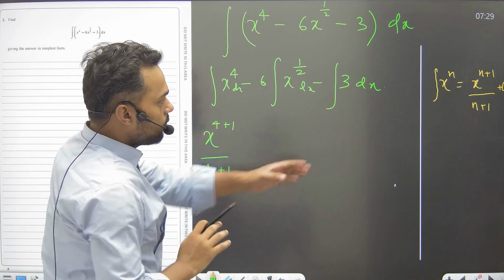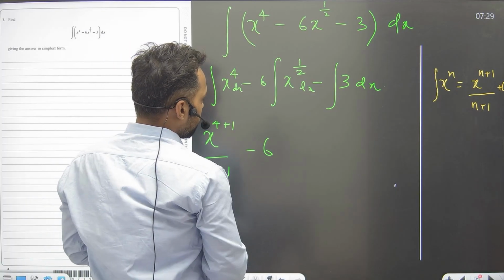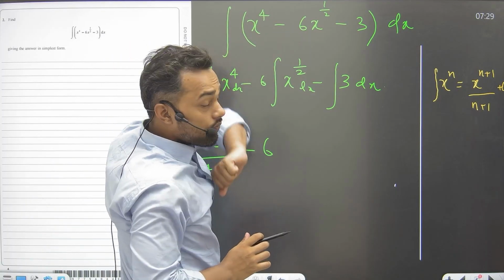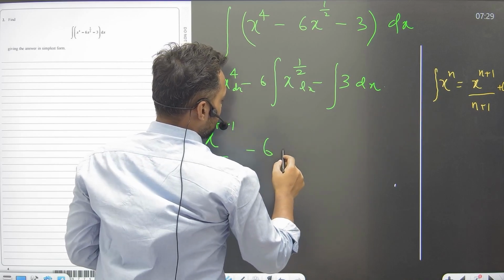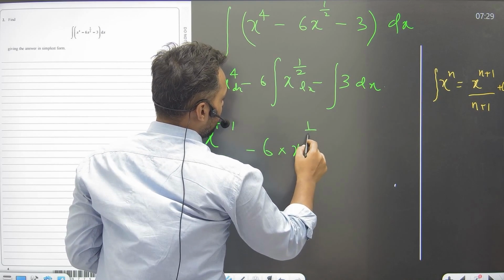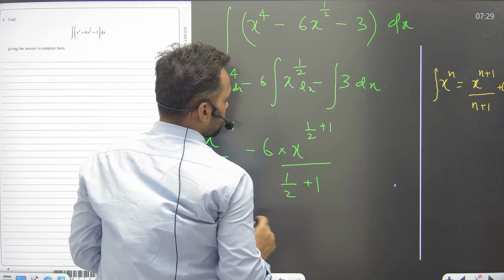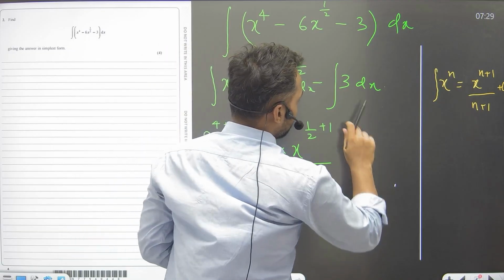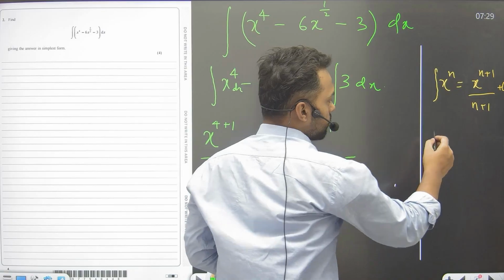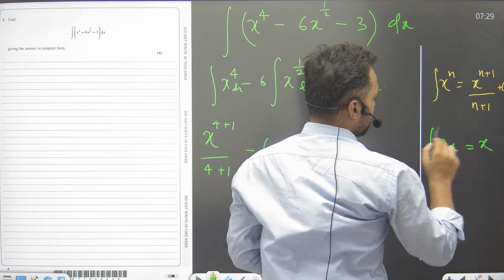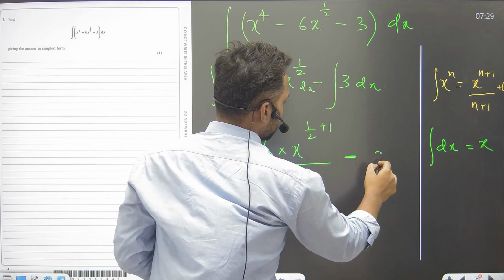This is the rule for the integration of x^n. Similarly, for -6 times the integration of x^(1/2), we apply the same rule, so you get 6 times x^(1/2+1) upon (1/2+1). Then -3: the integration of dx is x, so you get the integration of 3 dx as 3x.